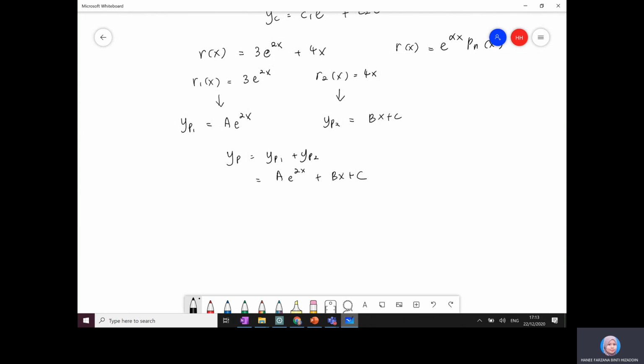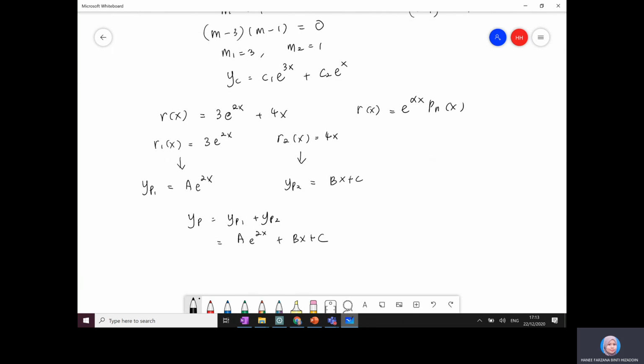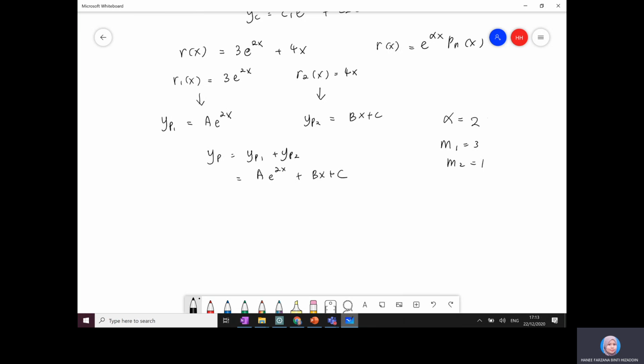Okay, so first we need to check whether the yp and yc are linearly dependent or not. Since your alpha is 2 and m1 is 3, m2 is 1, they are all different, so you don't have to worry about linear dependency of yp and yc. So we can be sure that yc and yp are linearly independent.